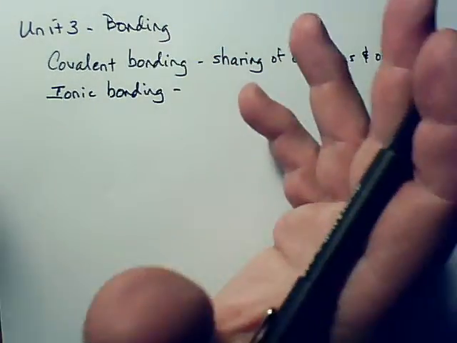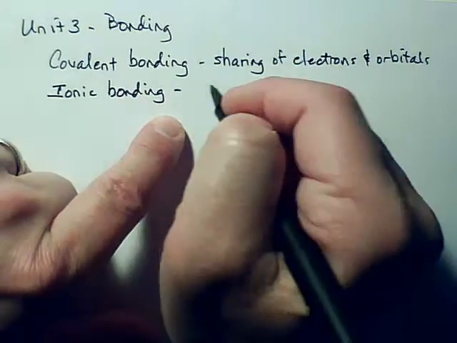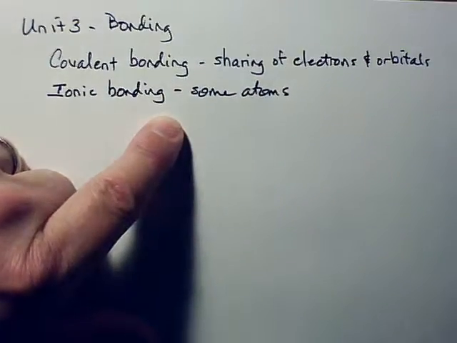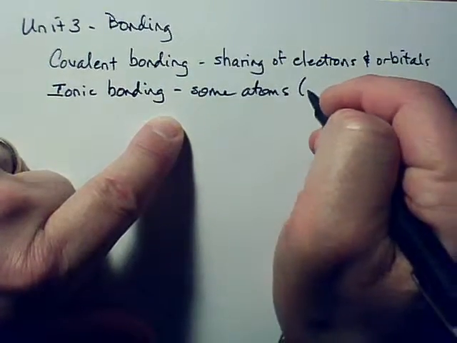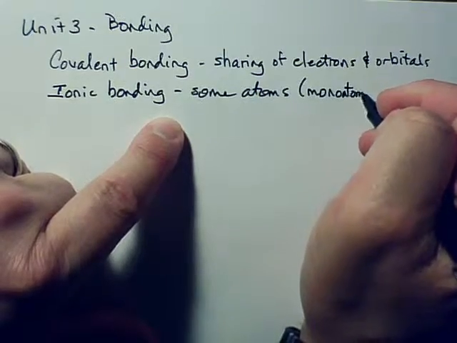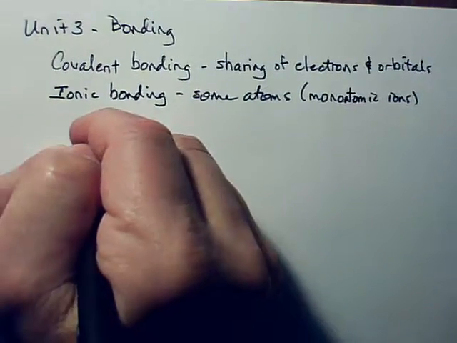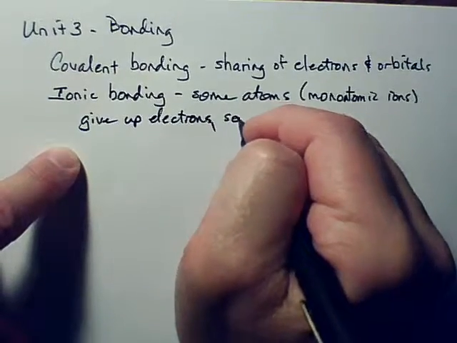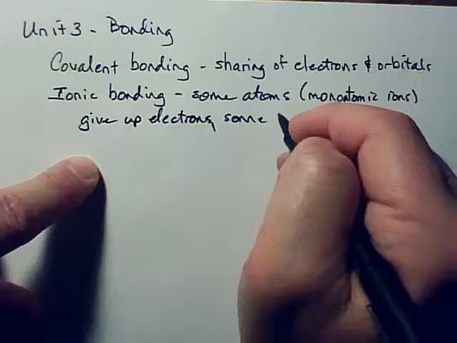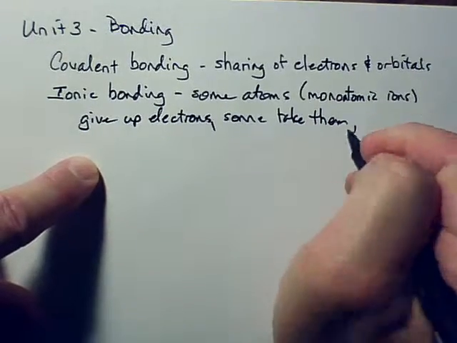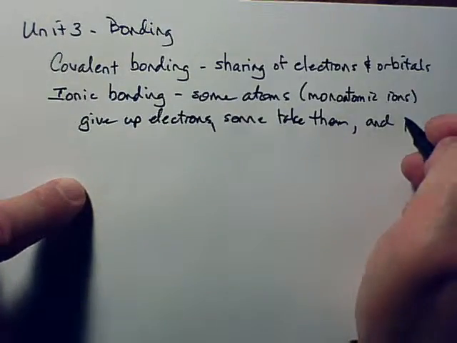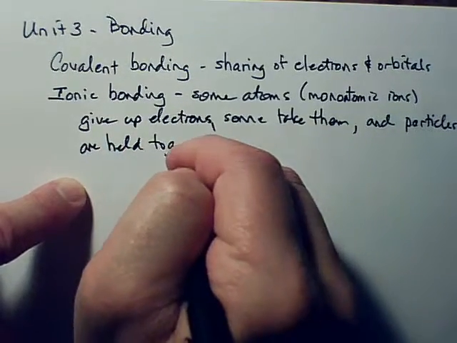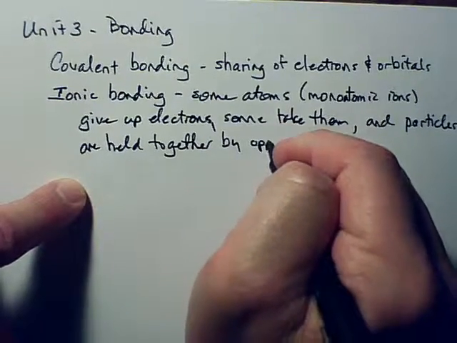One way to think about it is to say that ionic bonding comes because, if we're talking about monoatomic ions, some atoms give up electrons, some take them, and particles are held together by opposite charges.